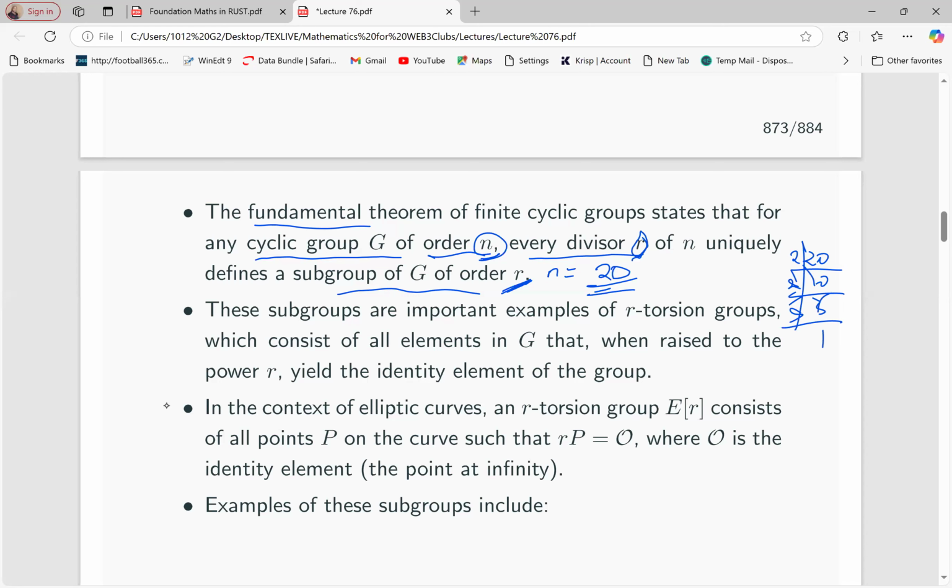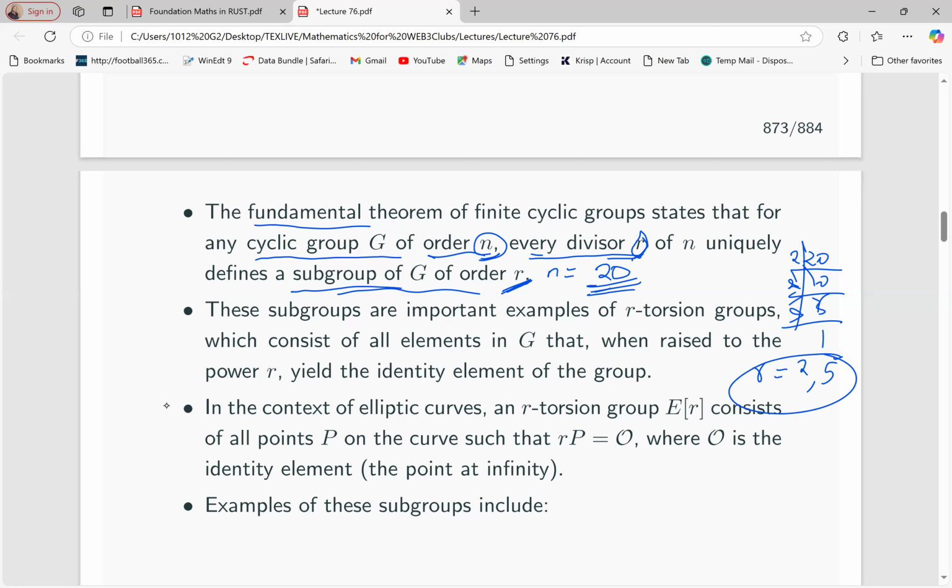So we found that our r in this case will be 2 and 5. These are the prime factors that divide 20. So what we are saying by this fundamental theorem is that every r that divides n would define a subgroup.